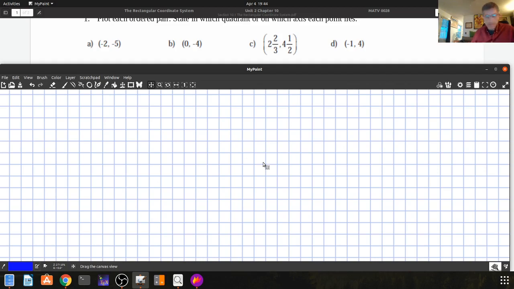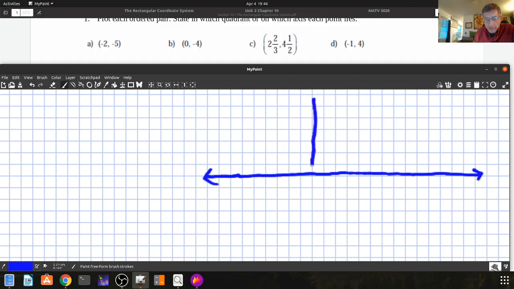And I'm going to try my best to draw a graph. So this is going to be my x-axis. And I'll make this my y-axis. Going up and down is harder for me.